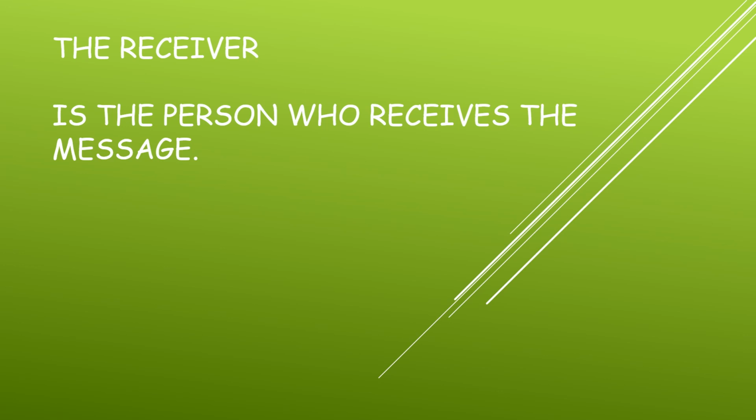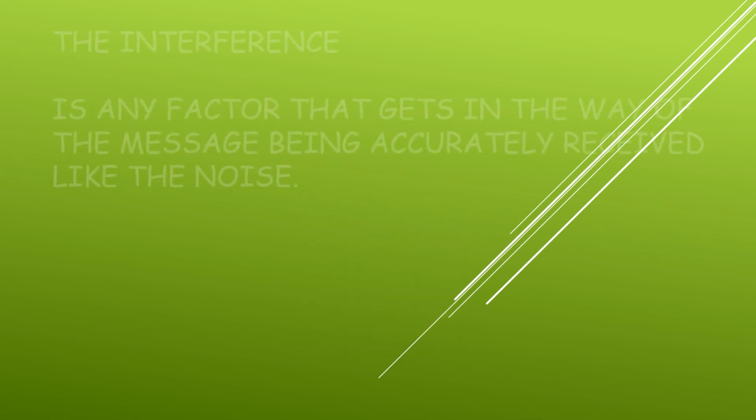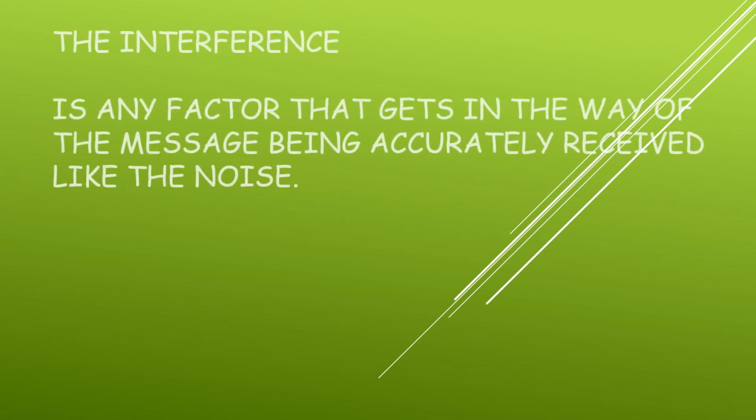We have a receiver, and the receiver is the person who receives the message. Finally, we have the interference, and the interference is any factor that gets in the way of the message being accurately received, like noise.